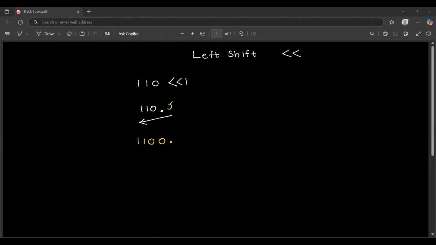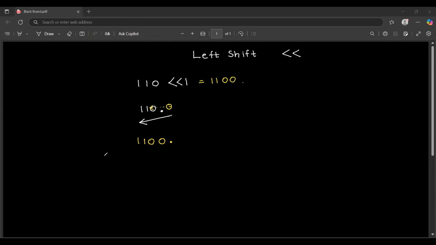Why? Here there is an imaginary zero. So when you move the number by 1 place value in this direction, it becomes 1100. Or you can think of it like this: right shift means delete a number, left shift means insert a zero.